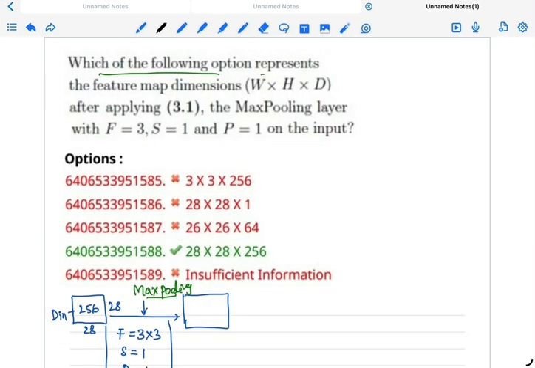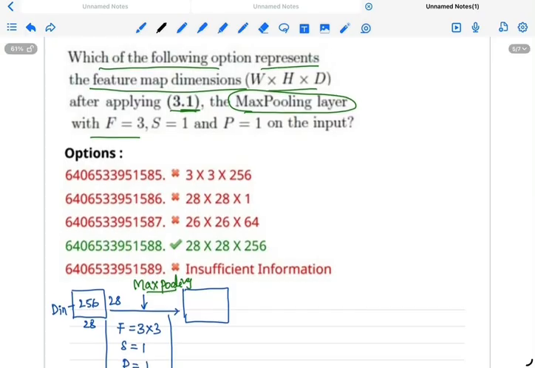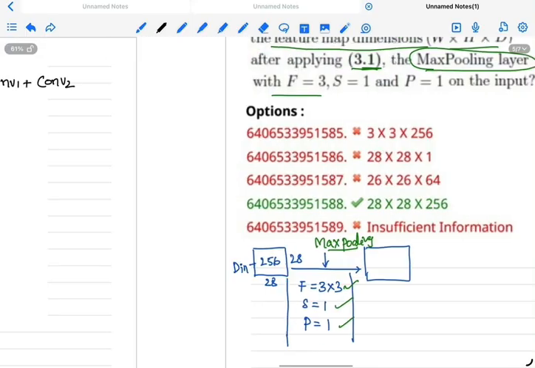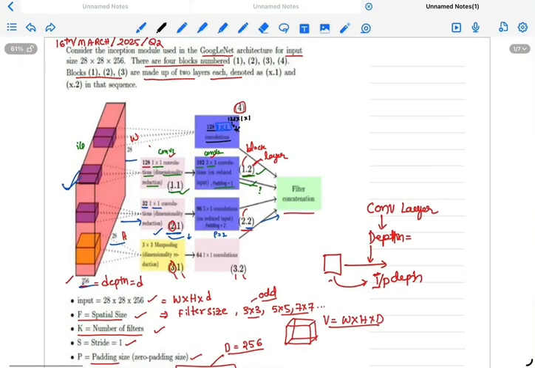Which of the following options represents the feature map dimensions W, H, width, height and depth after applying the 3.1 max pooling layer, given with filter size 3? Here the filter size is 3 and stride equal to 1, padding equal to 1 on the input. Here the input dimension is depth 256, and height and width are 28 cross 28, given in the question.